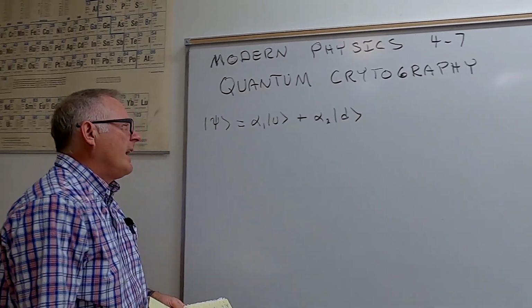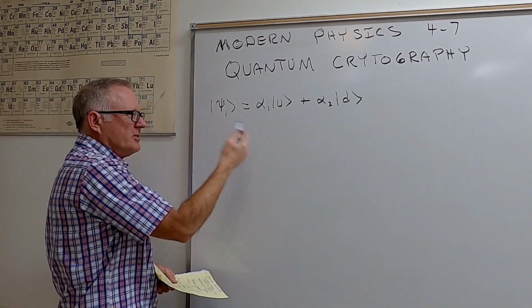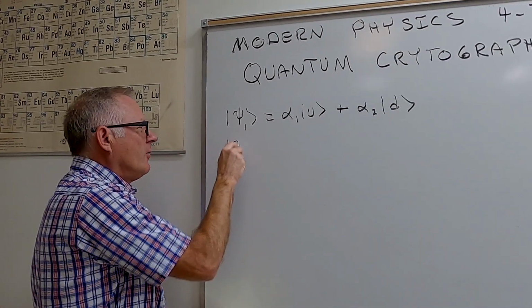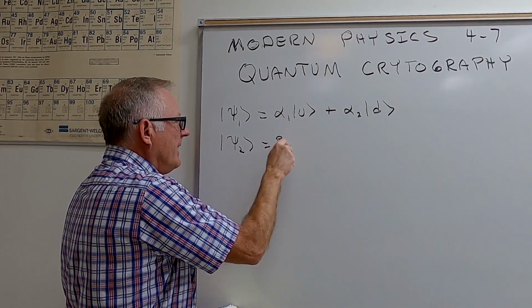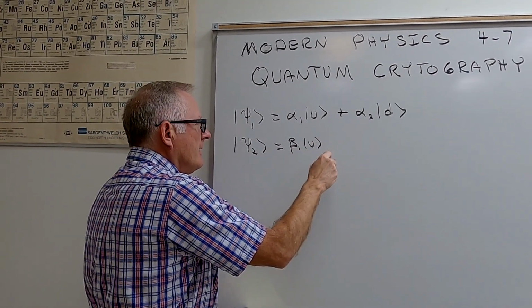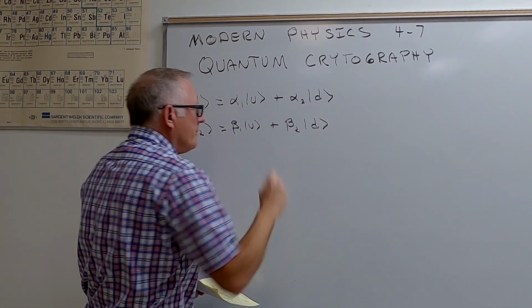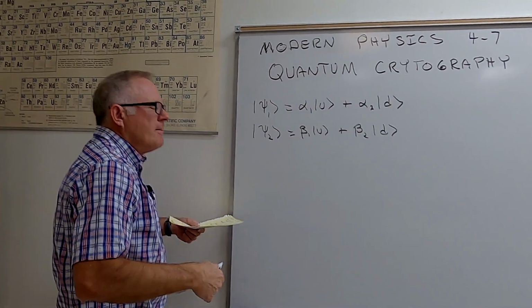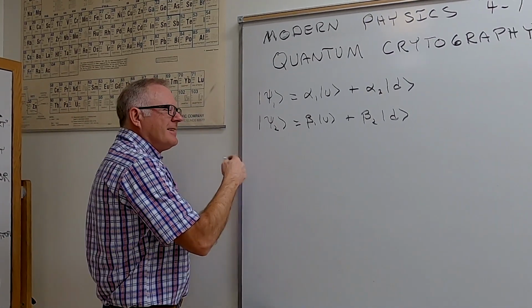And when we had the 2 bits, let's call this our first electron, or our first qubit. For the second one, we used beta here instead, beta 1 up plus beta 2 down.